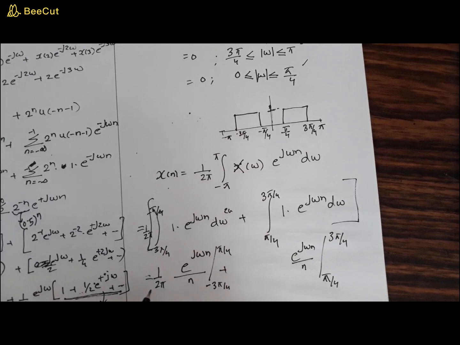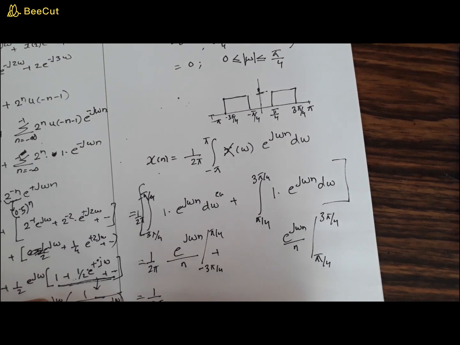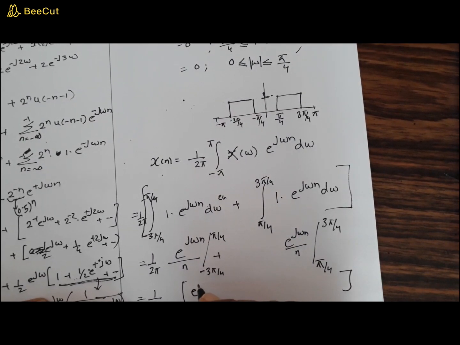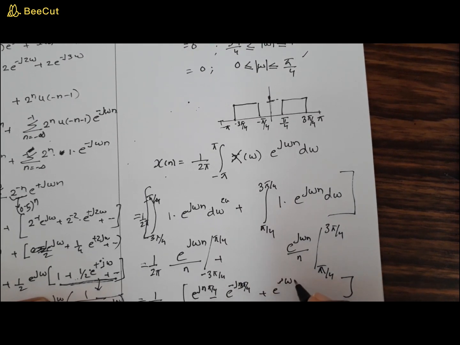Okay, now you can take this 1 by 2 pi n outside. 1 by 2 pi n into, okay, I'll just do the substitution for you: e raised to j n pi by 4 minus e raised to minus j n 3 pi by 4, plus e raised to j 3 pi by 4 n.